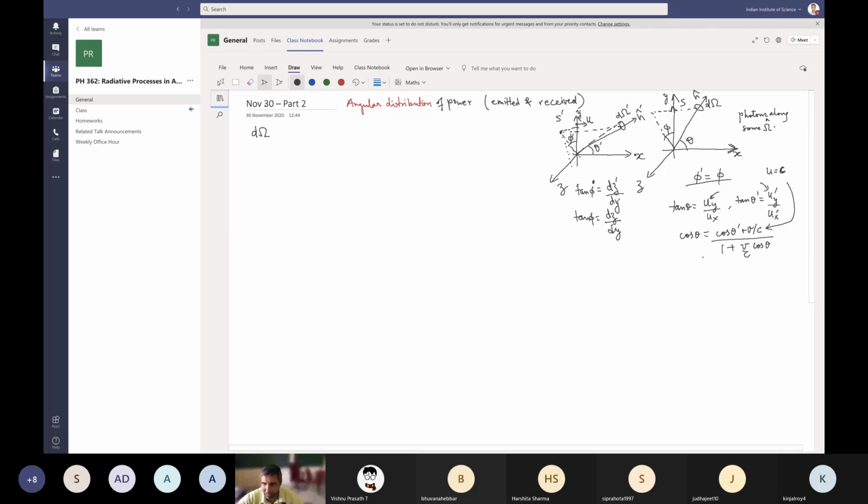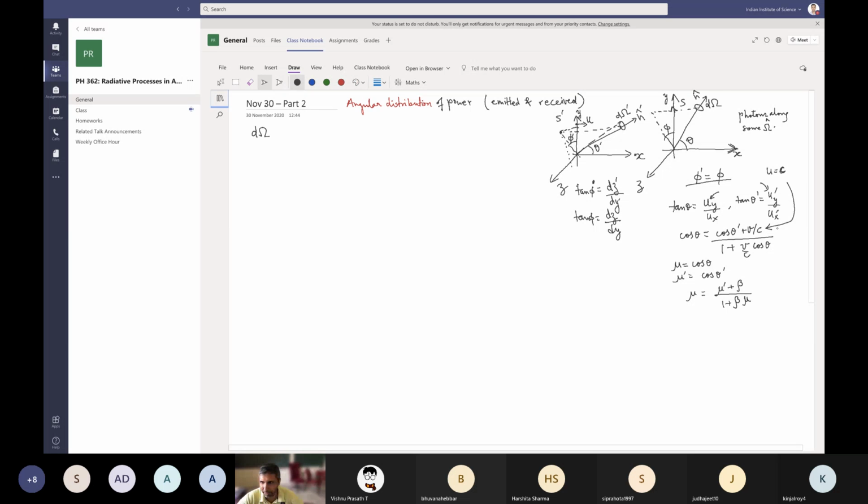Okay, so what does it mean? We can define mu equals cos theta, and mu prime is equal to cos theta prime, right? So mu is the standard variable that we use. This means that mu equals mu prime plus beta divided by 1 plus beta mu prime.